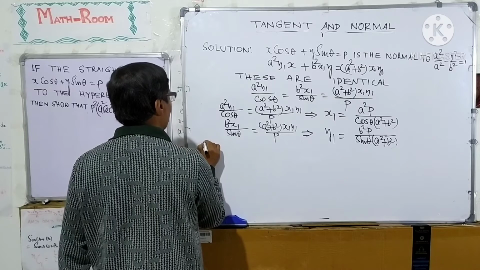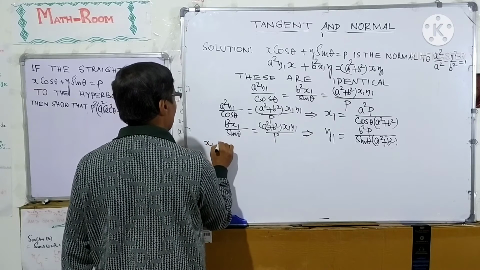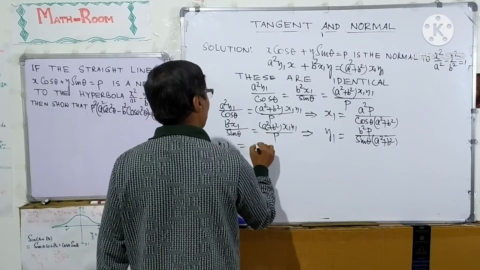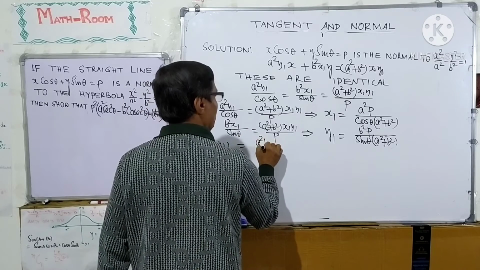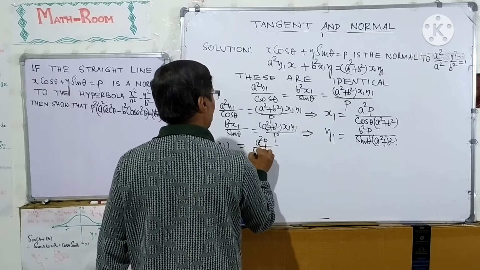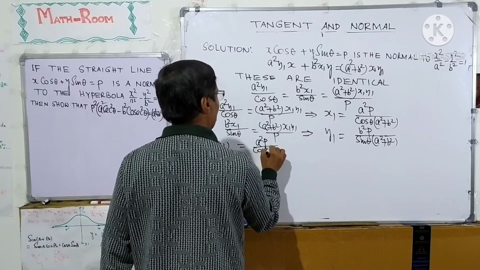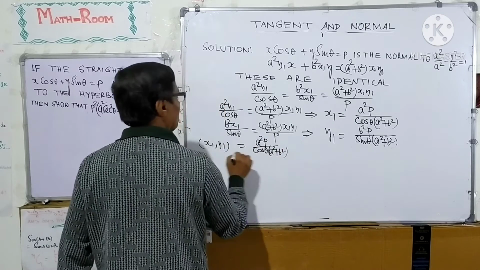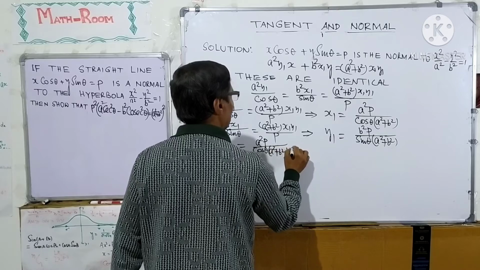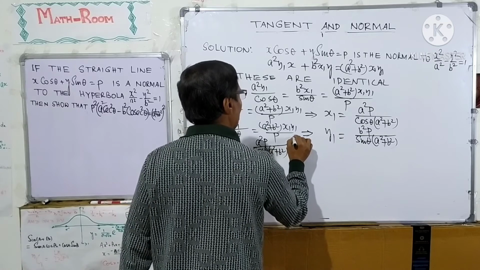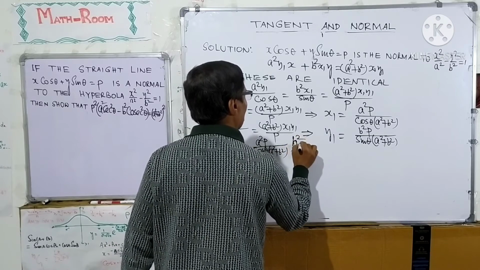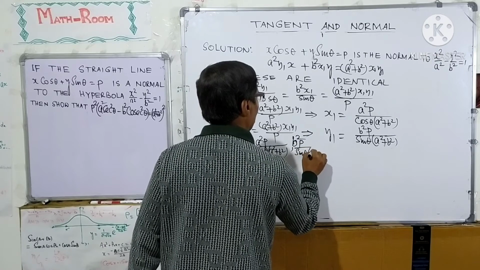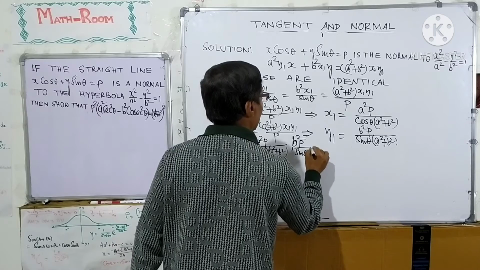So the coordinate of the point of contact, that is x1 y1, equal to a square p over cos theta into a square plus b square, b square p over sin theta into a square plus b square.